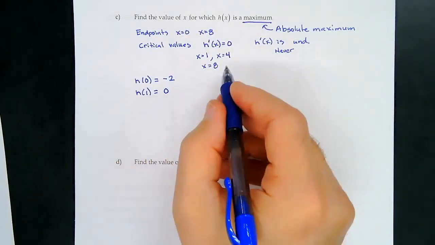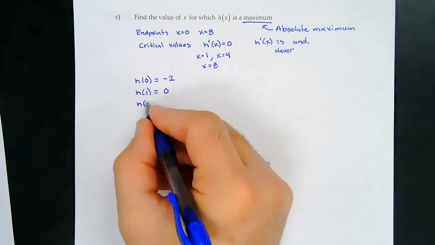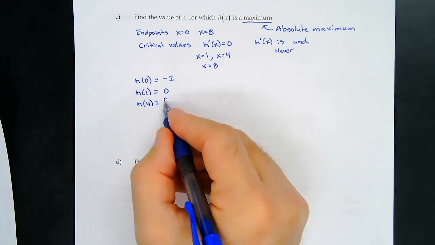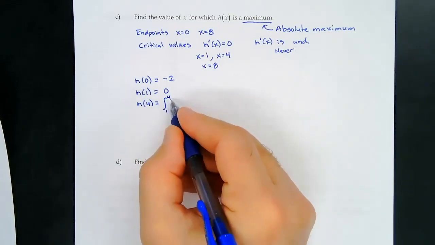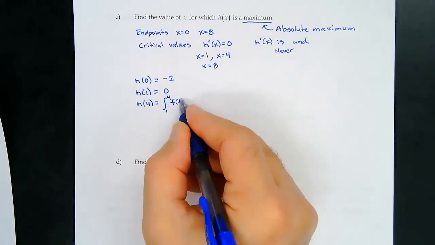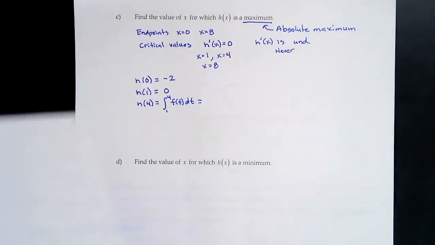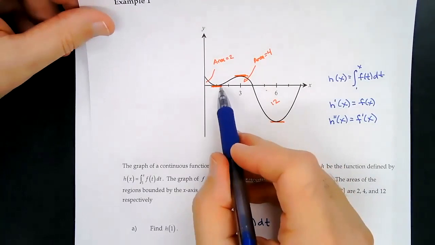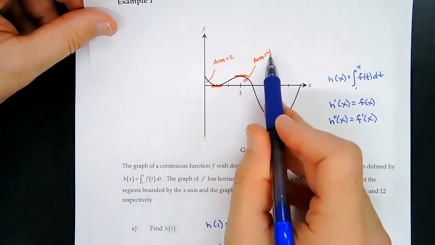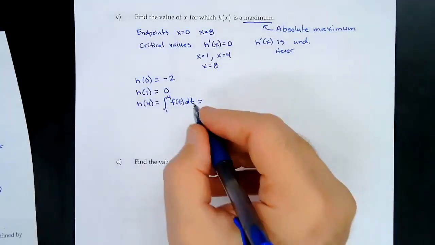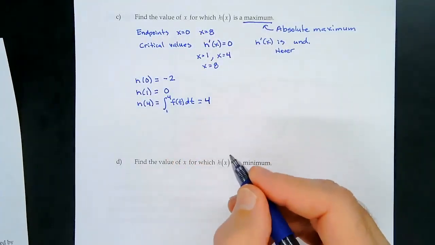And then h of 4 would be the integral from 1 to 4 of f of t dt. From 1 to 4, that would be this. The area is 4, so the integral and the area are the same since it's above. So this is equal to 4.